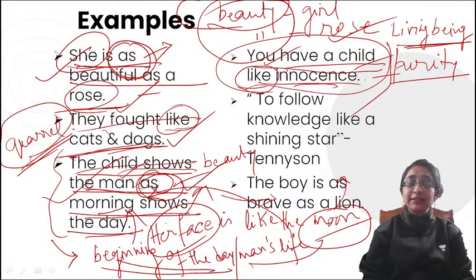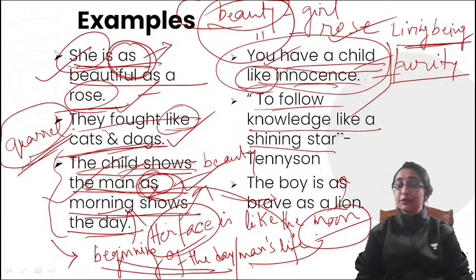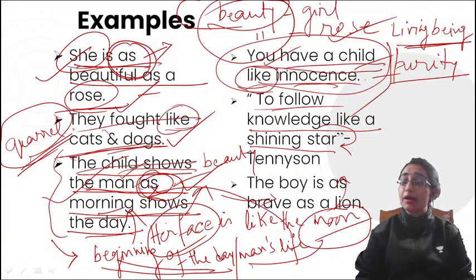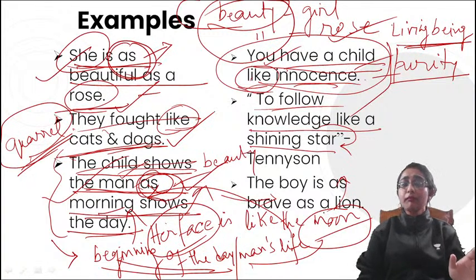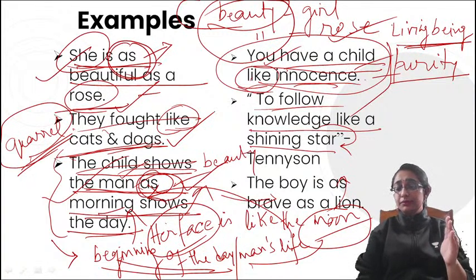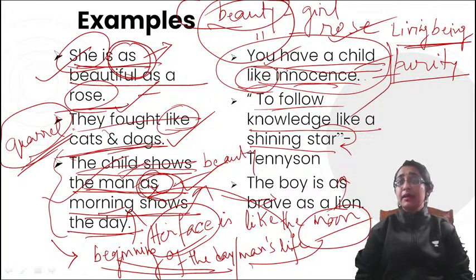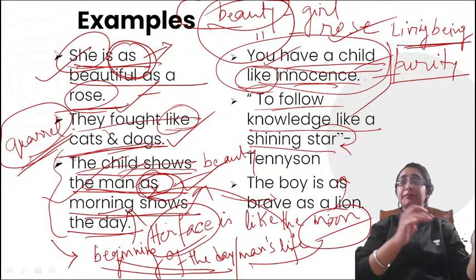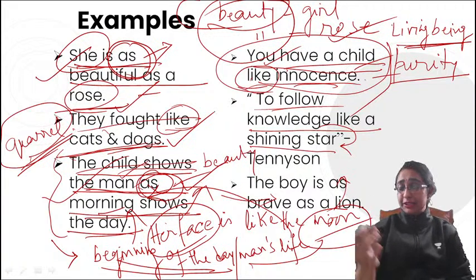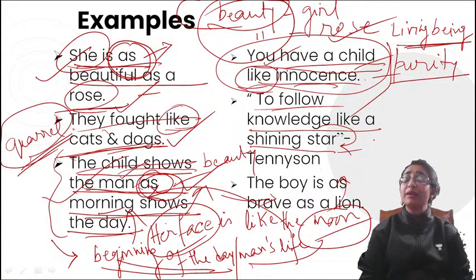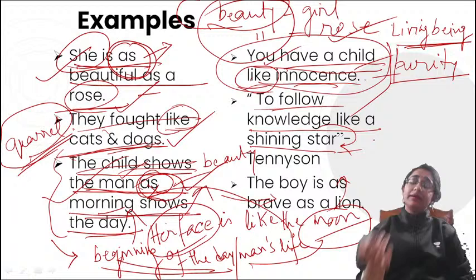Another, a very famous line from Tennyson's poem: to follow knowledge like a shining star. So knowledge is here compared to a star. Why? Because at that time stars were used basically in voyages to the east, west, north, south, to understand the direction, especially in ancient times.